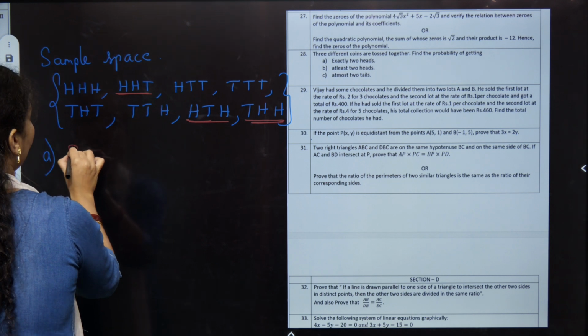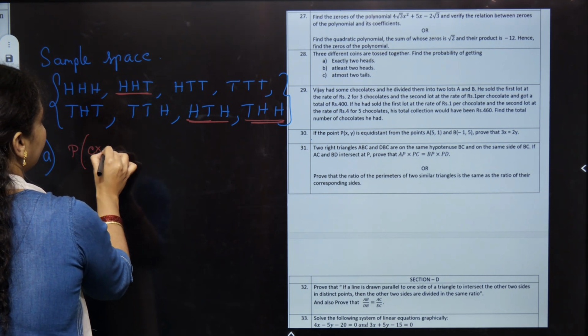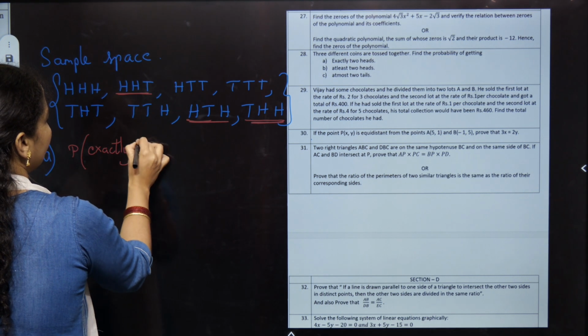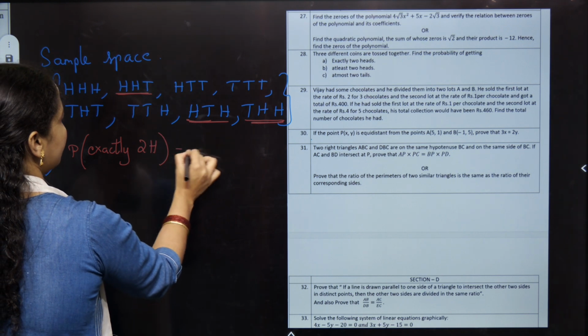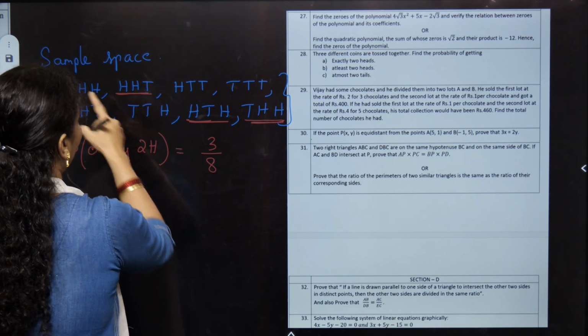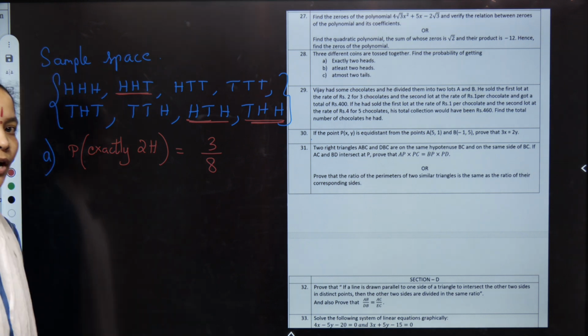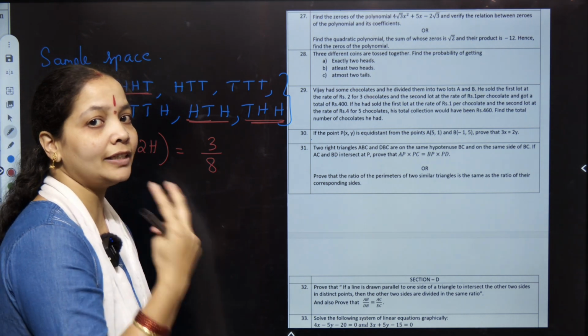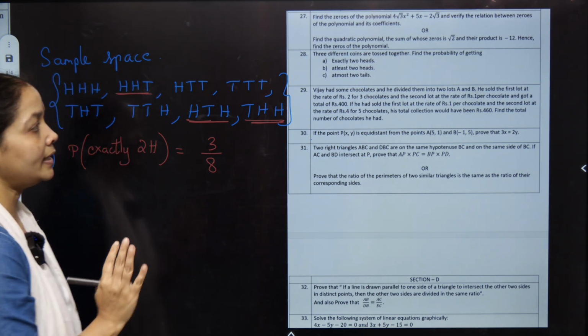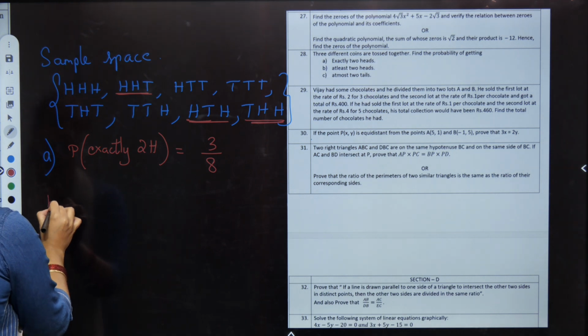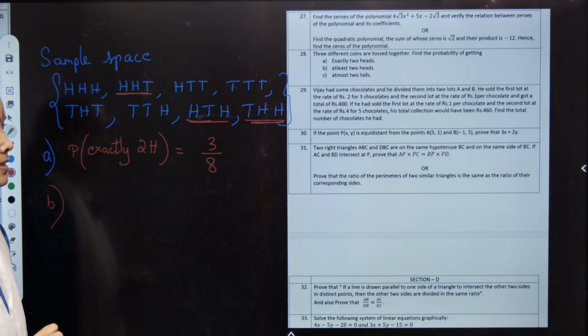So the probability of getting exactly 2 heads is 3 by 8. 1, 2, 3, 4, 5, 6, 7, 8 is the total number of outcomes. Out of that, 3 chances of exactly 2 heads. Therefore, 3 by 8 is the probability of getting exactly 2 heads.